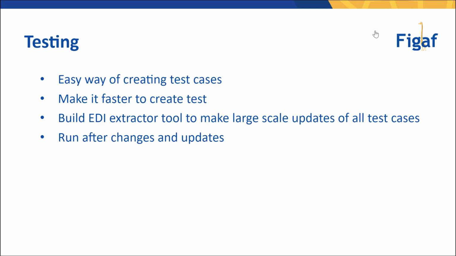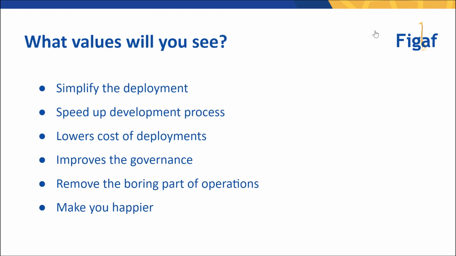We do support testing of EDI messages, so it compares the EDI message instead of the XML message, because we are looking into the modules. There's a lot of other areas where it differs. You can see here it has a good way to compare it, create test cases, and it is really fast to create test cases.